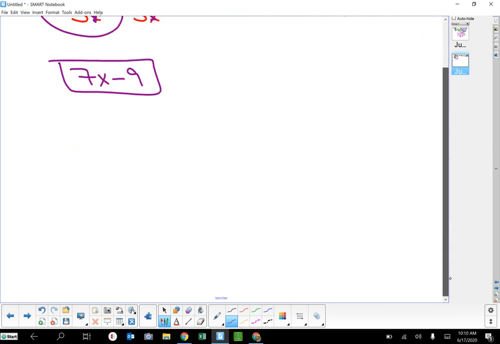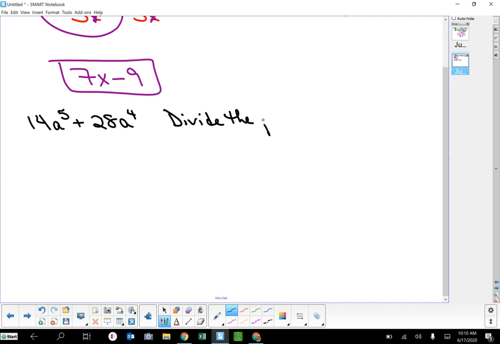Okay? Let's look at another one. 14a to the 5th plus 28a to the 4th, and divide the polynomial by negative 7a. Again, I would draw this in. Divide by negative 7a, divide by negative 7a.